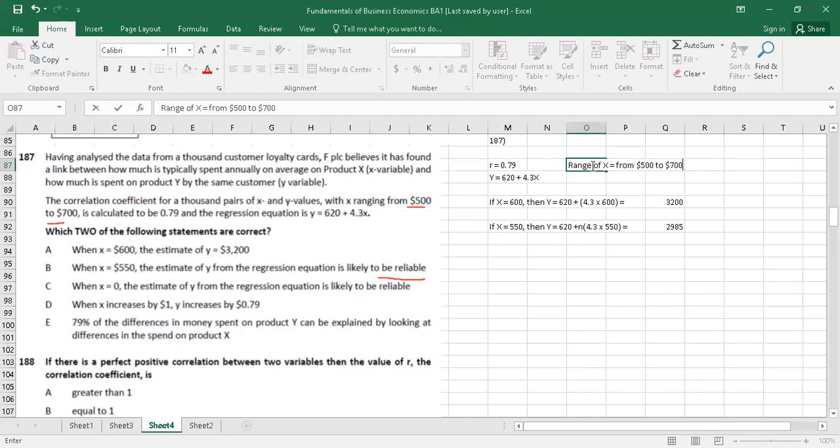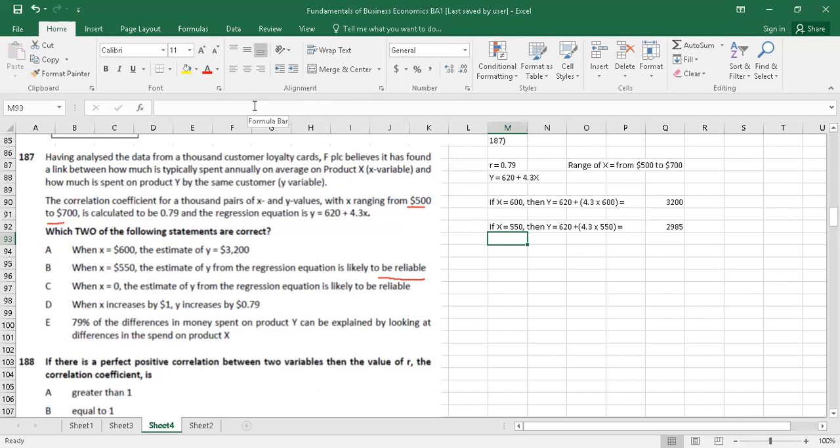We have selected a value of x between 500 and 700, which is 550. So whatever the calculated value is, it is reliable because it is applicable to a range between 500 and 700. Therefore, it is reliable. But let's also look at the other ones, then we can come back to that and talk about it.